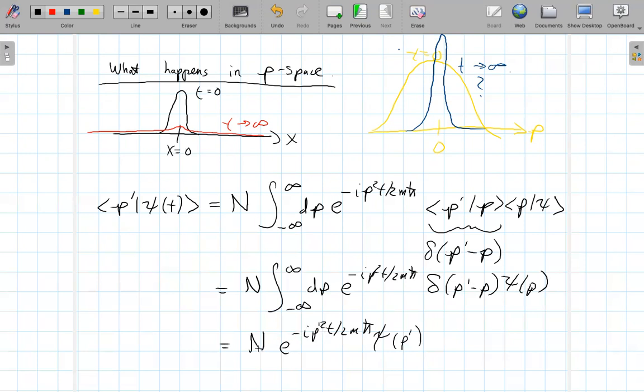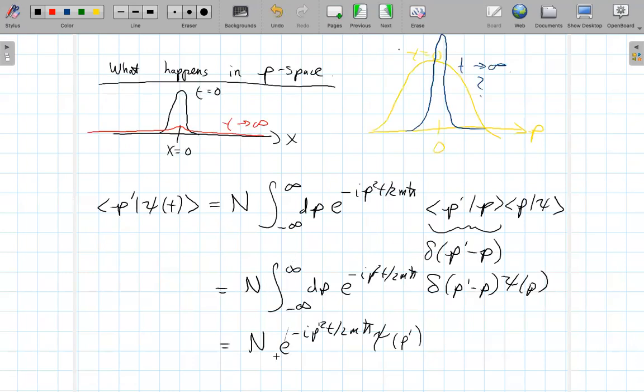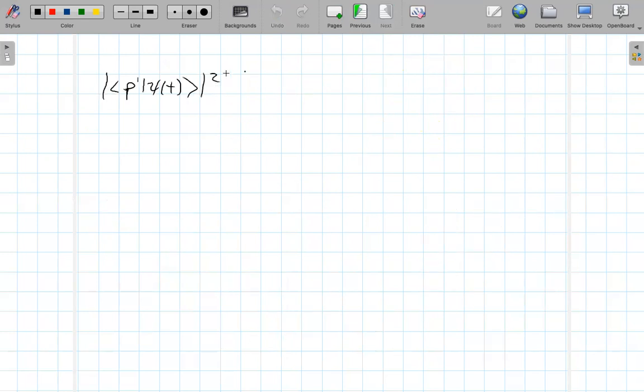Now notice what's happening if I look at the modulus squared of the inner product of p prime with psi of t. I'm going to get an n squared. This phase term goes to 1, because it comes with an i, times simply this guy, which is the wave function at time equal to 0. So this is equal to simply the inner product of p with psi at 0.